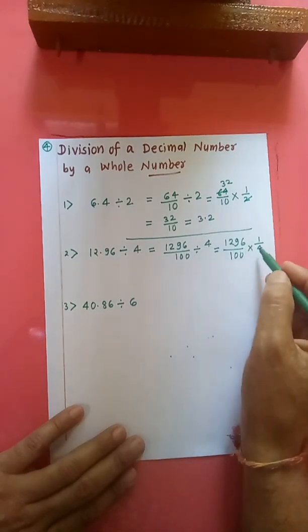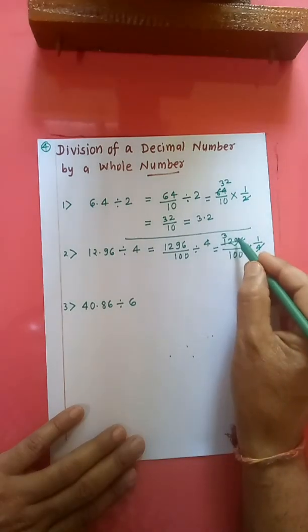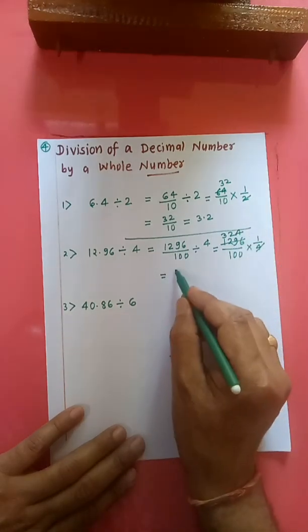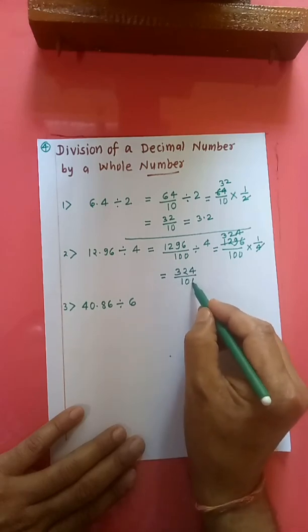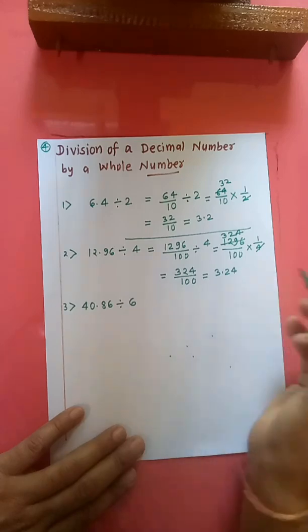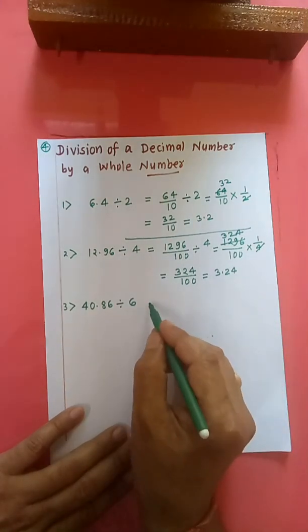And 1296 divided by 4: 4 3 ja 12, 4 2 ja 8, and 4 4 ja 16, which gives 324 upon 100, which gives 3.24. So 12.96 divided by 4 is equal to 3.24.